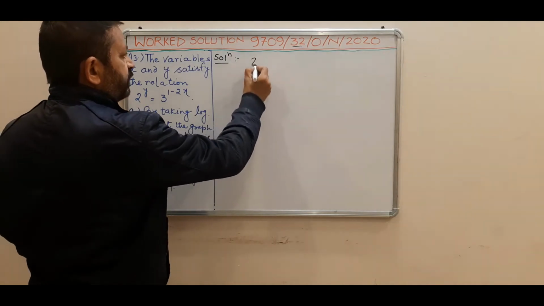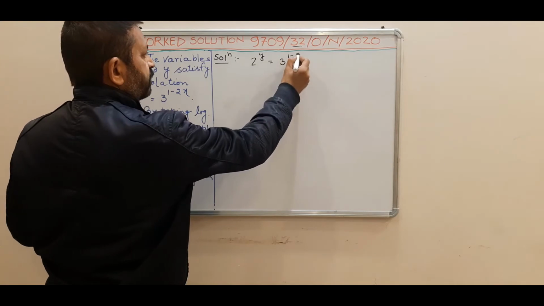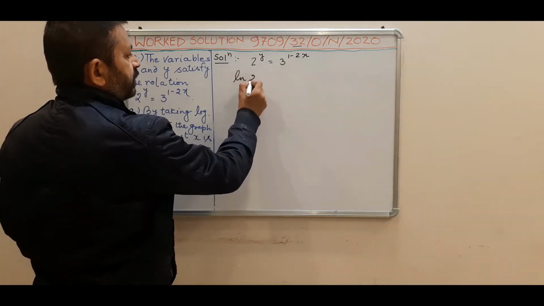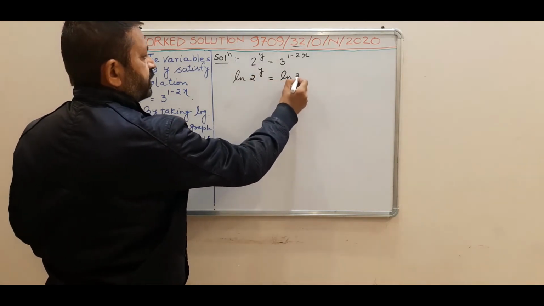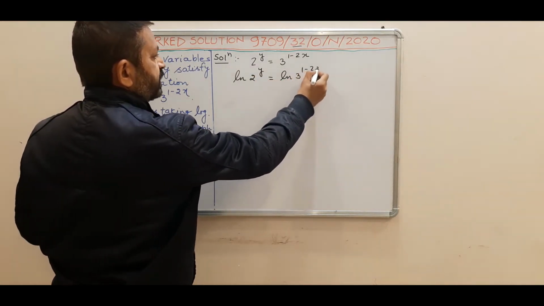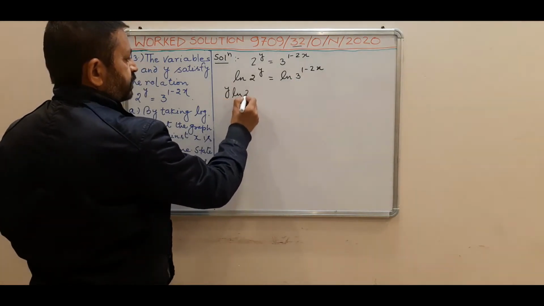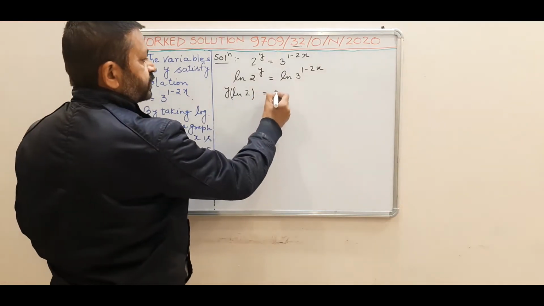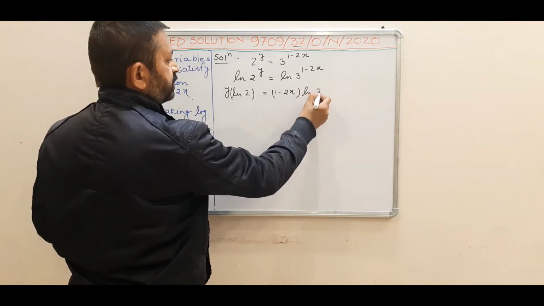So what we have given is 2^y = 3^(1 - 2x). We'll apply ln on both the sides. So ln 2^y = ln 3^(1 - 2x). It will become y ln 2 = (1 - 2x) ln 3.